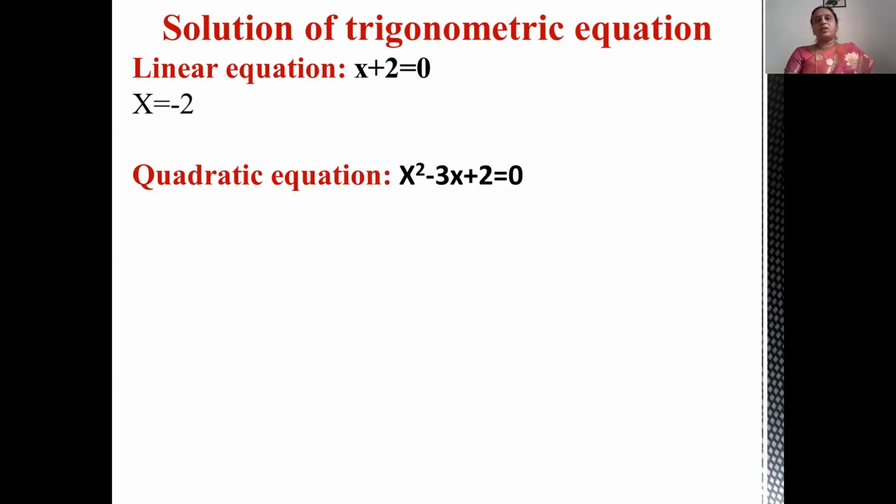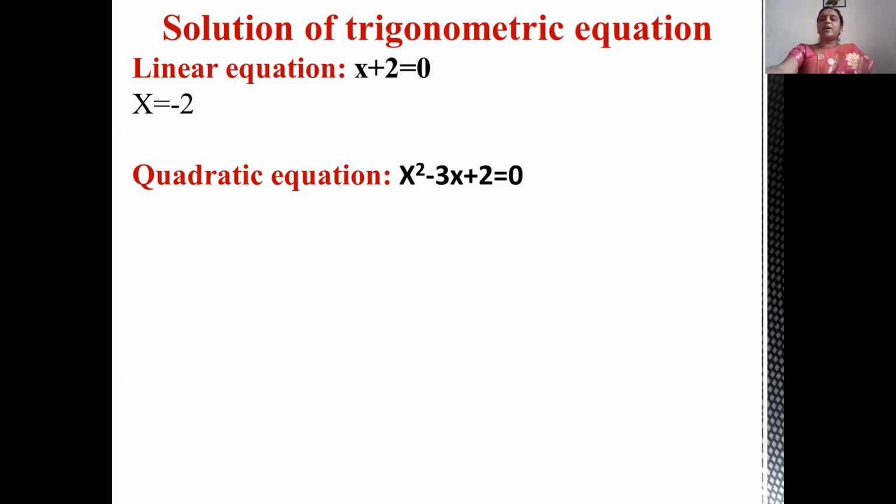Now again see that quadratic equation which we have seen earlier. What is that quadratic equation? That is x square minus 3x plus 2 is equal to 0. And you are familiar with how to find the solution of a quadratic equation from your 9th-10th standard. How do you find the solution of a quadratic equation? You first factorize this equation, that is, get the factors (x minus 2)(x minus 1) is equal to 0.